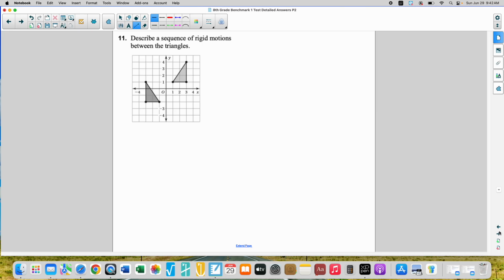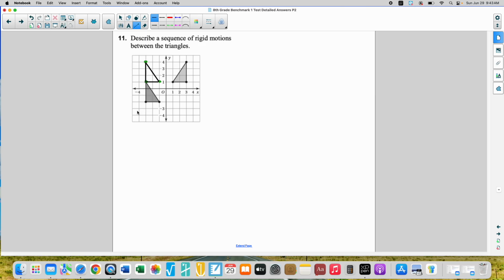Very, very important. Describe the sequence of rigid motions between the triangles. If we take the lighter of the two triangles and we reflect it over the y-axis, that'll take us to this. It's 3 away. So that would be our reflected object if we reflect it over y.